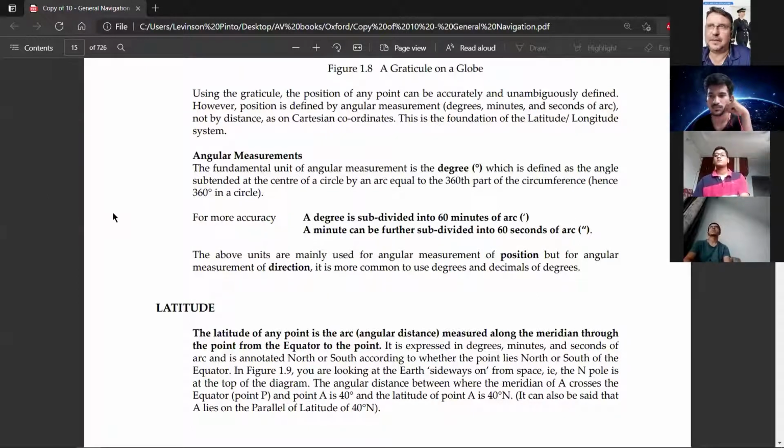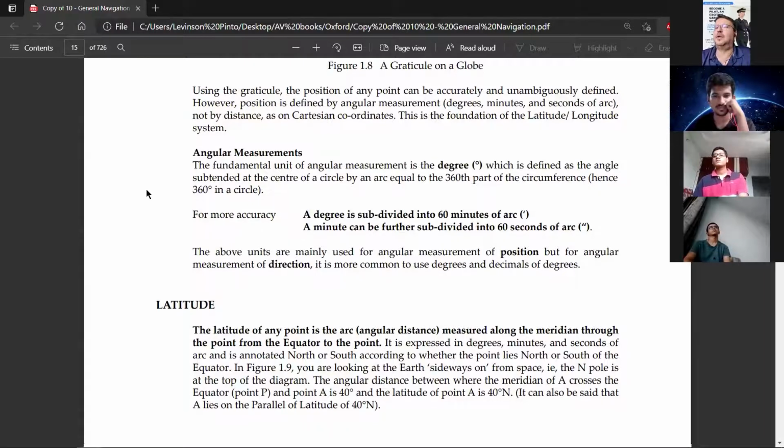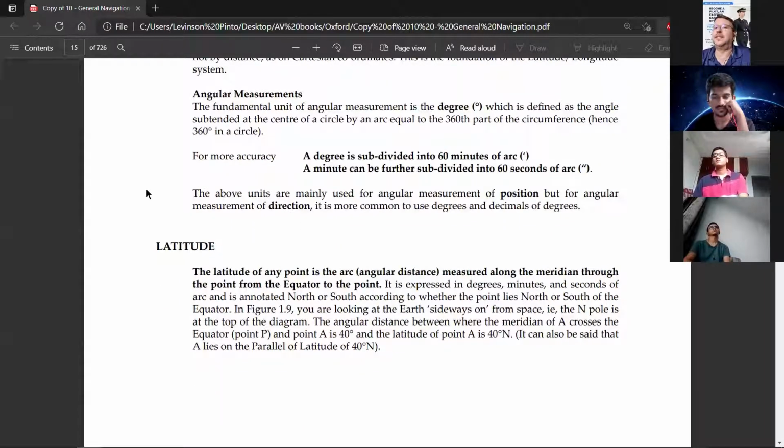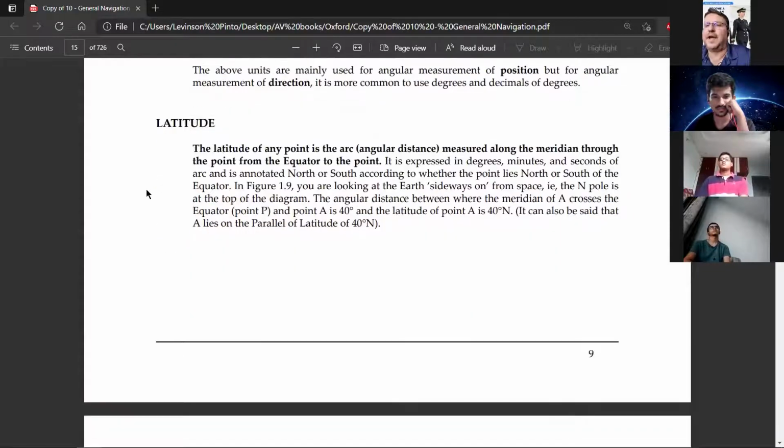This is important. So why we are talking here about, for example, the latitude of any point is the arc, okay? Angular distance, always they are talking distance, position.